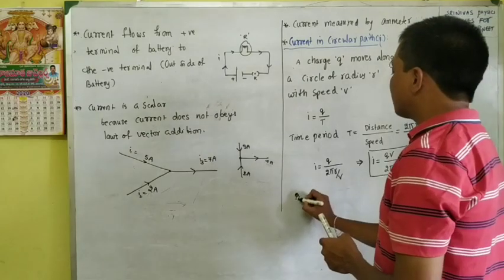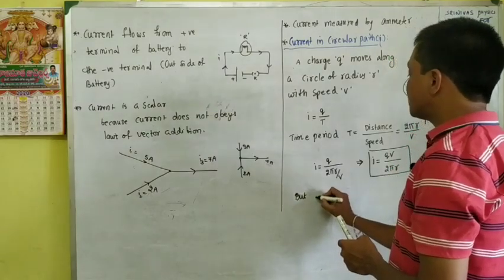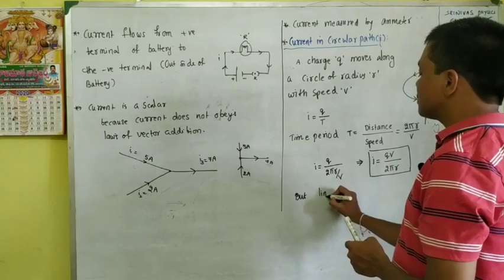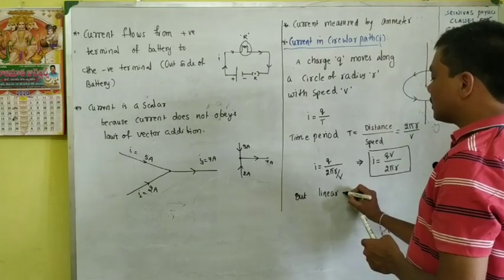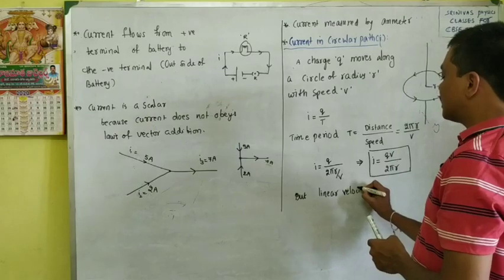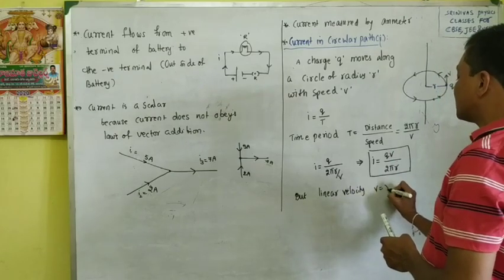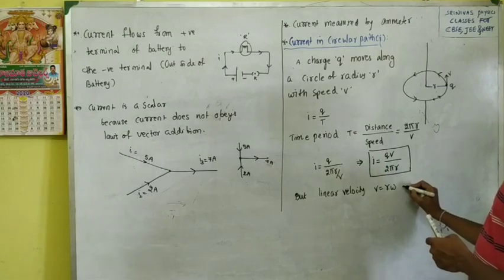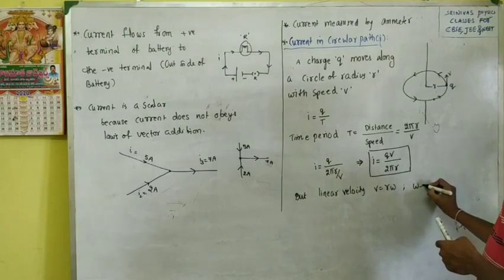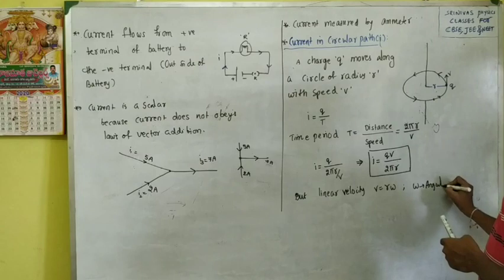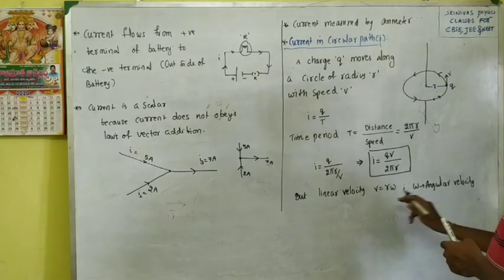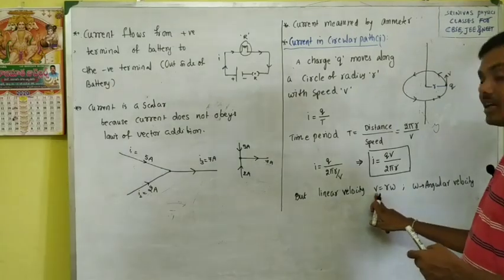But we know in a circular path, the relation between the linear velocity and angular velocity, which we discussed in 11th class, is that the linear velocity v is equal to r omega, where omega is the angular velocity, r is the radius, and v is the linear velocity.